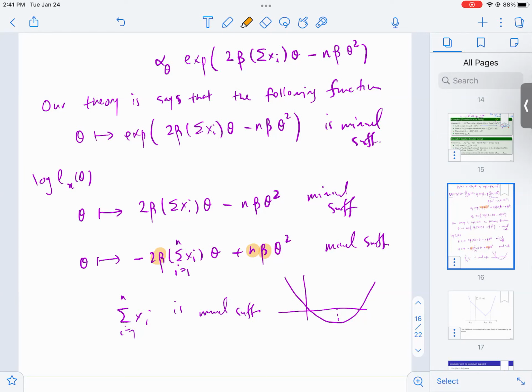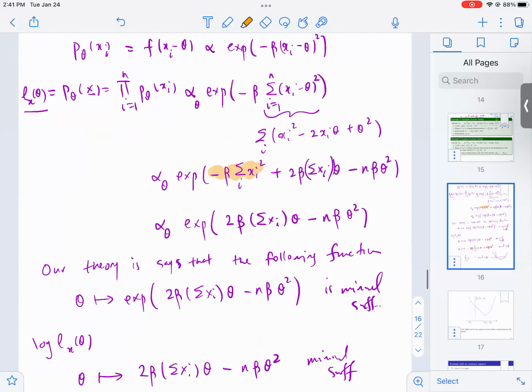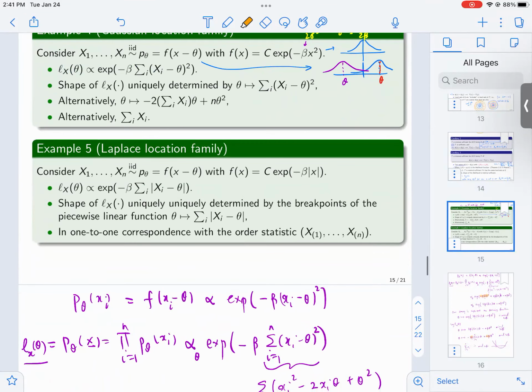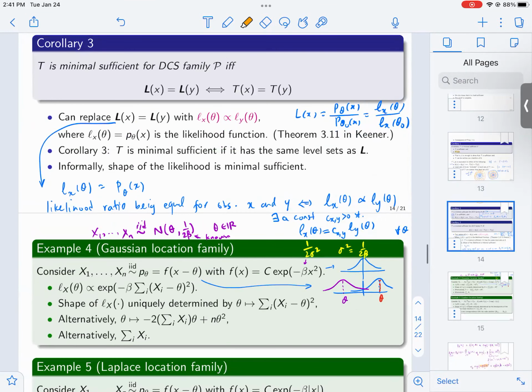We know the exact model, right? This is the model. I've specified the parametric model. So this is minimal sufficient for this parametric model, not for any model. Not for any exponential families, we'll see.